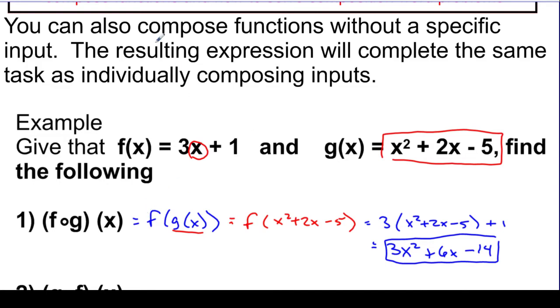Let's talk about what the second part of the statement at the top says. It says the resulting expression will complete the same tasks as the individual composing inputs.